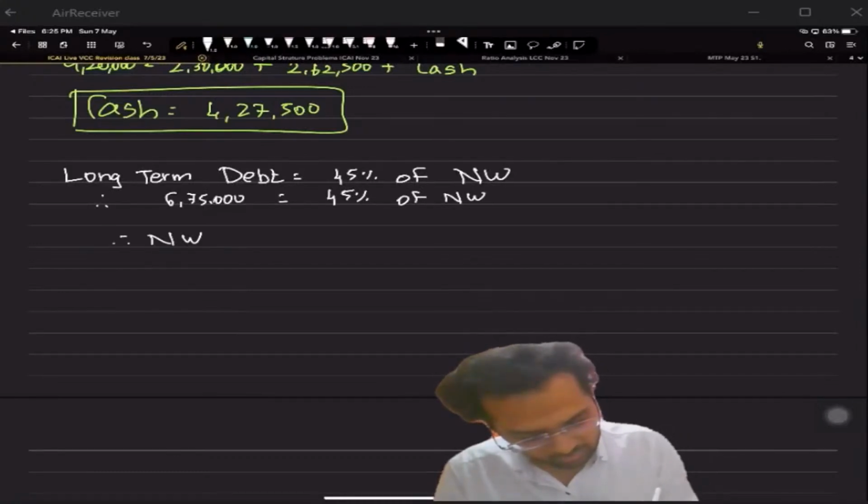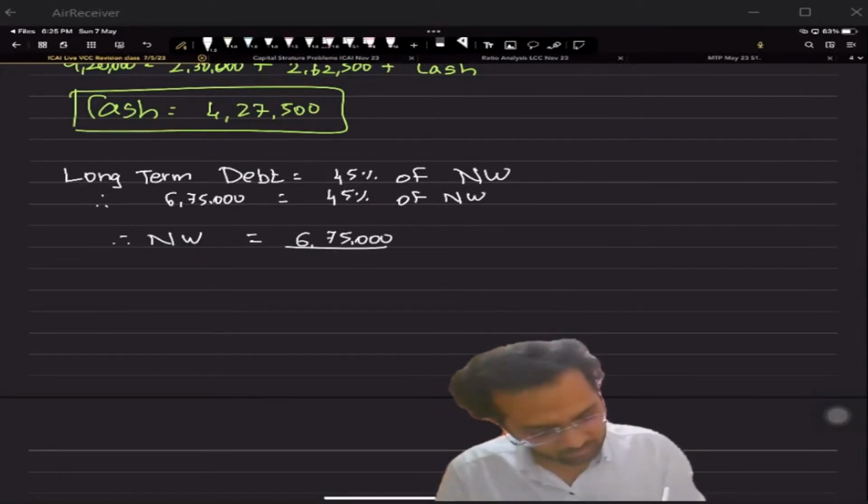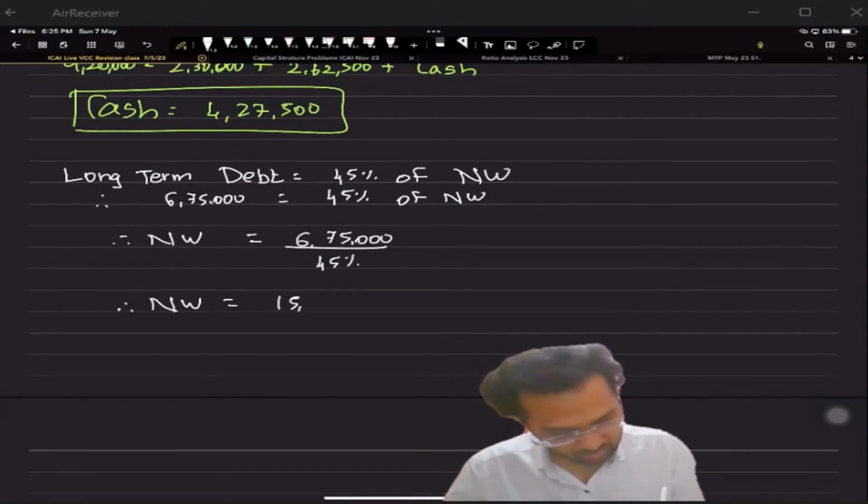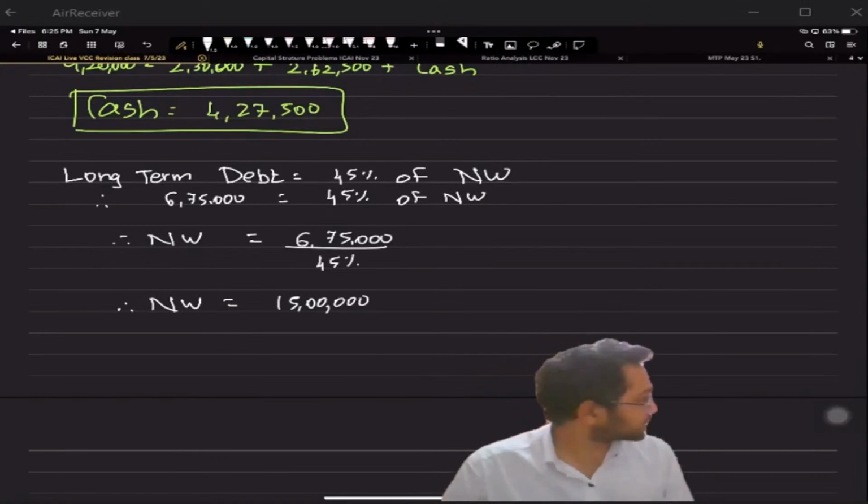That simply means net worth is 6,75,000 divided by 45%. So we have net worth as 6,75,000 divided by 45%, which is net worth works out to be 15 lakhs.